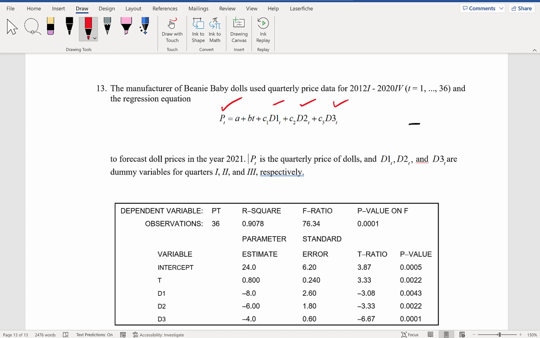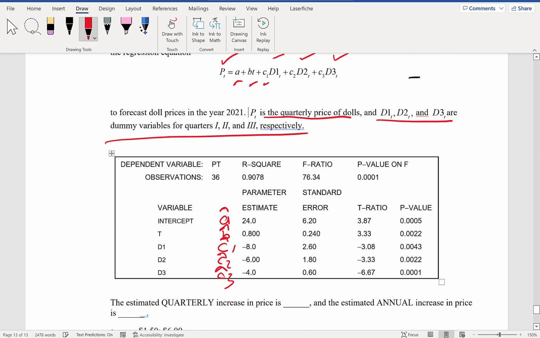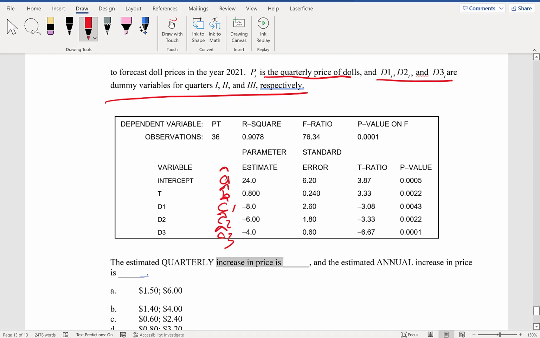To forecast the price of dolls in year 21, these are the results. Here I have my A hat, B hat, and this is C1 hat, C2 hat, C3 hat. The estimated quarterly increase in the price. Interesting.